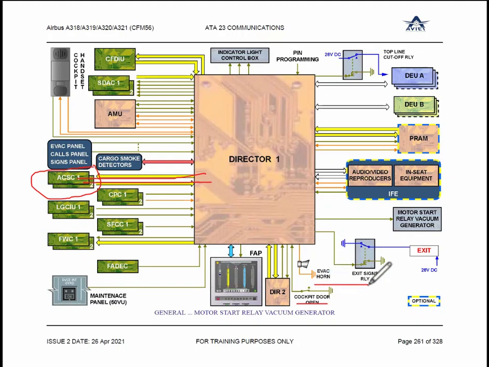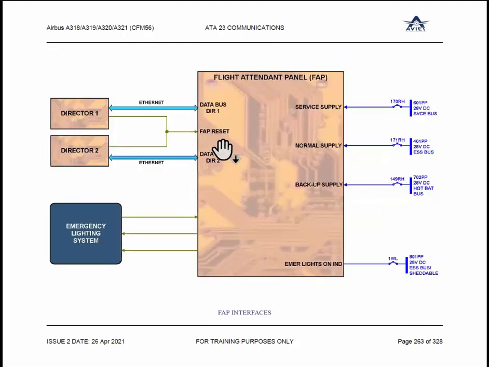Cockpit door, horn, vacuum system, motor control relay, motor start relay, vacuum generator. These interfaces are by LVDS buses. Interface is same. Only thing, Ethernet bus is different and your FAP is touch screen based.